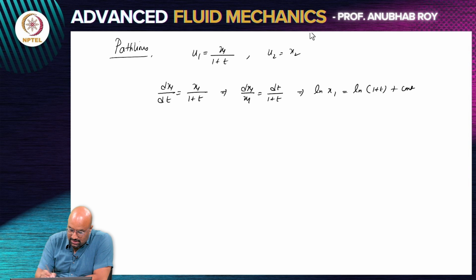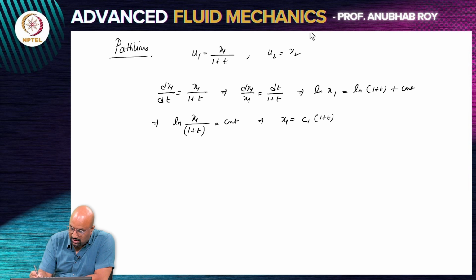So let me not skip steps. So ln x1 divided by 1 plus t is equal to a constant, which means x1 is equal to, let's say, c1 times (1 plus t). Now instead of writing it as c1, this is a path line, so I should write it as x1 of t equals x1 of 0 times (1 plus t).